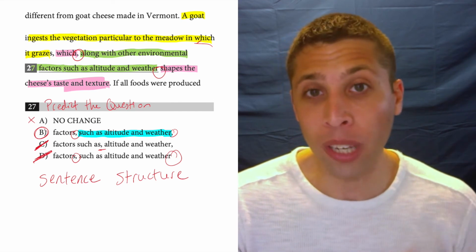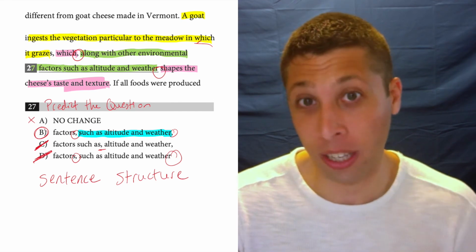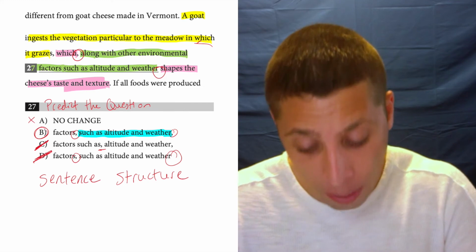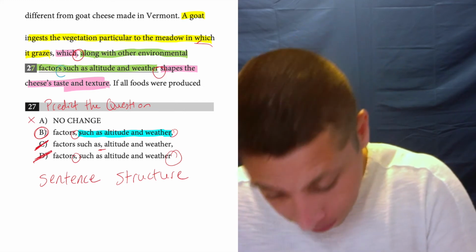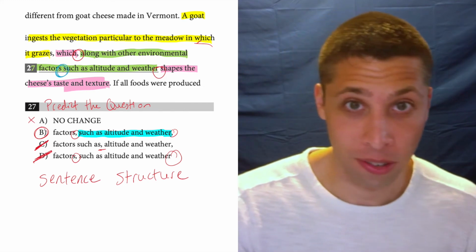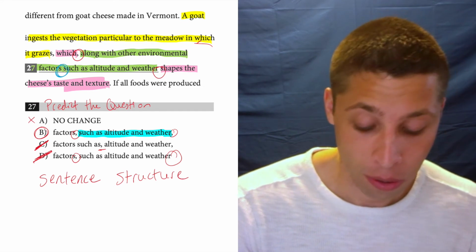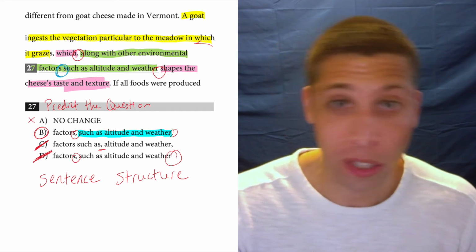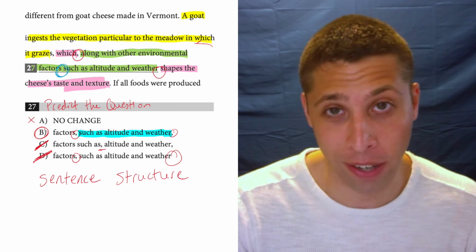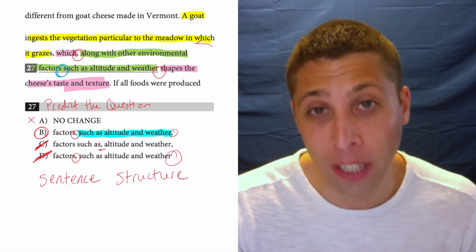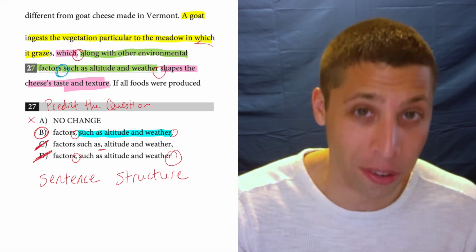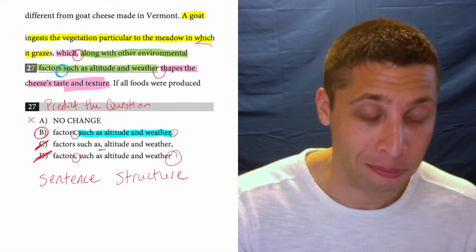But here we have to stick with the options that we're given. And so the comma here after "factors" is optional. We could put it there, we could not put it there. We have a choice as a writer whether or not to make that an interruption and to suggest that "such as altitude and weather" is its own thing.